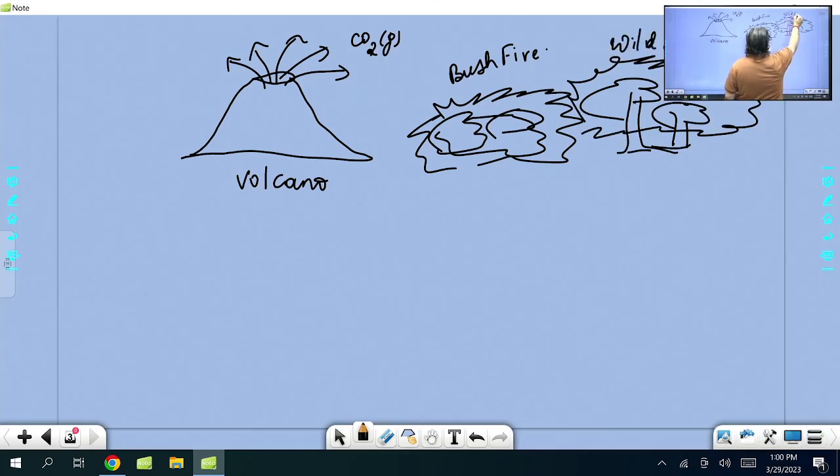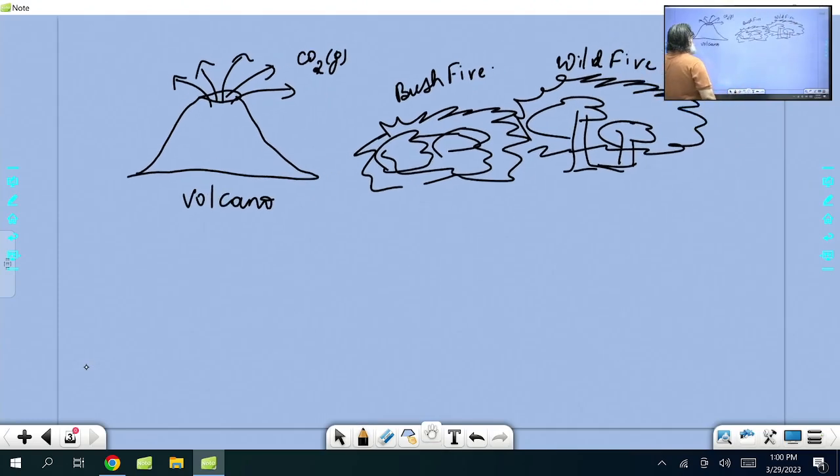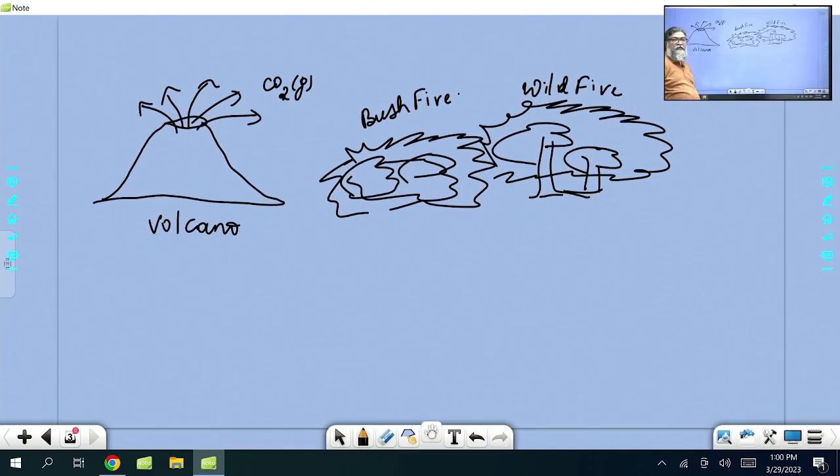Because of climate change, extreme heat and temperature lead to this kind of burning process. So again it will release CO2 gas to the atmosphere.